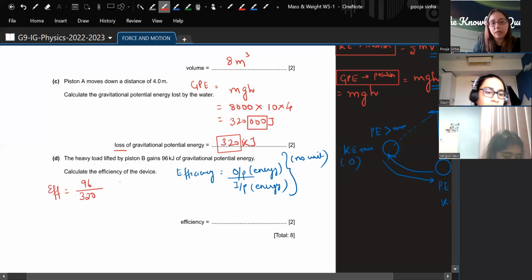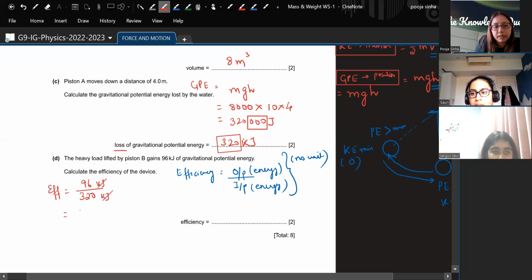96, ये भी किलो जूल्स है और ऊपर भी हमने किलो जूल्स में रखा था. ये तो कैंसिल हो गया, तो पहला my no unit is done. अब 96 upon 320 is how much? 0.3. So either it is 0.3 as a decimal, जैसे probability में हम करते थे. अब अगर मैंने पूछा कि percentage में बताना है, I want to understand percentage.